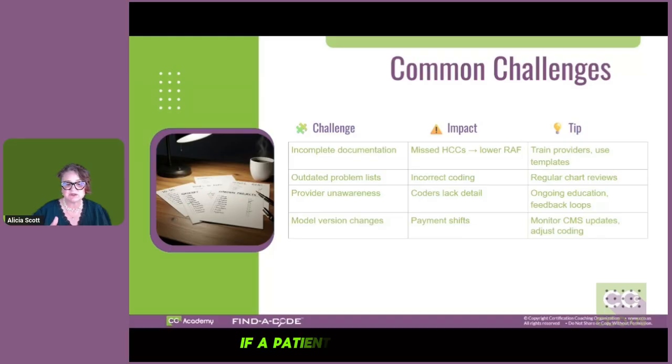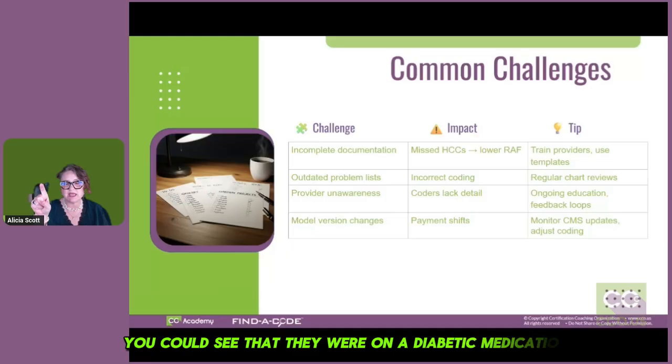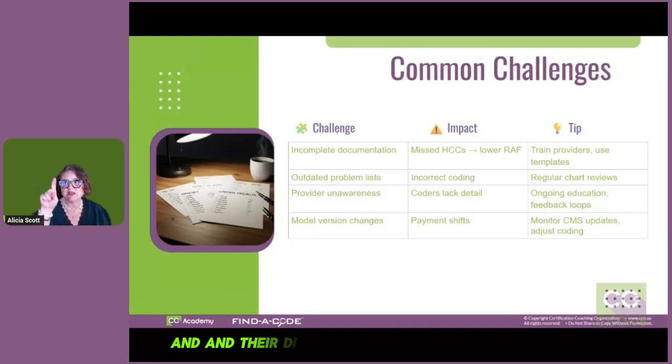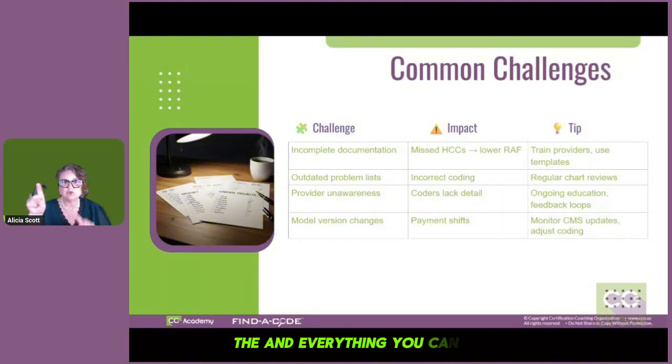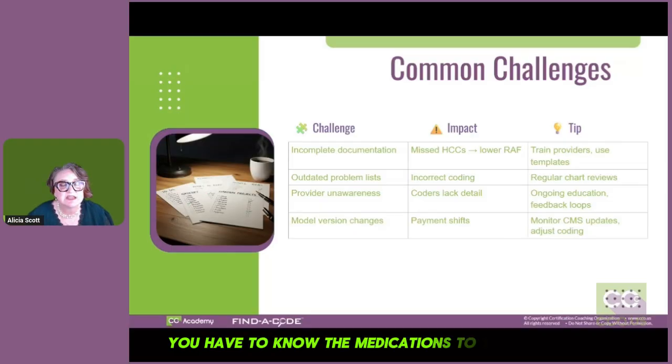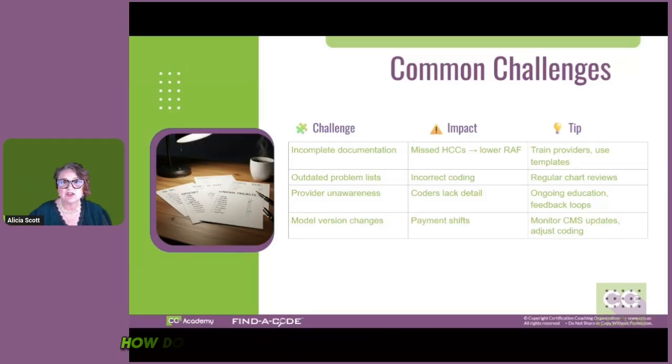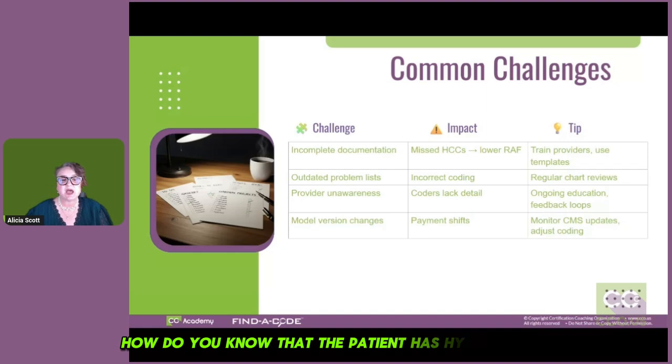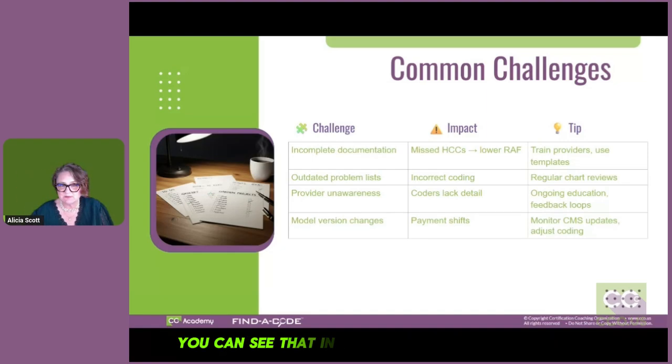So if a patient was a diabetic and was coming in to have cerumen cleaned out of their ears, and you could see that they were on a diabetic medication and their diabetes is in the problem list, there's ways to link all of that and see that. You have to know the medications to treat certain diagnoses. How do you know that the patient has hypothyroidism? The medications that they're being treated with, you can see that in the med list and stuff.